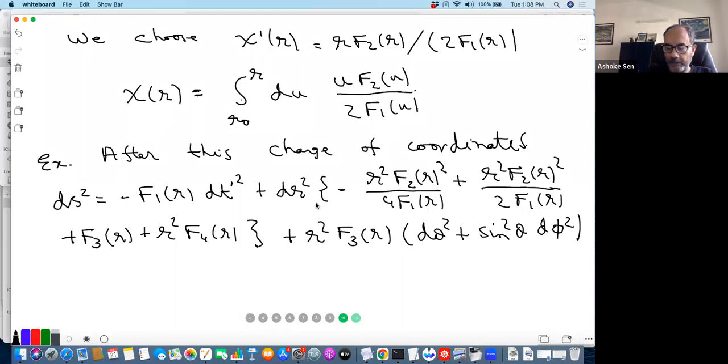So now I'm going to make one more change of variable, and that is the following.